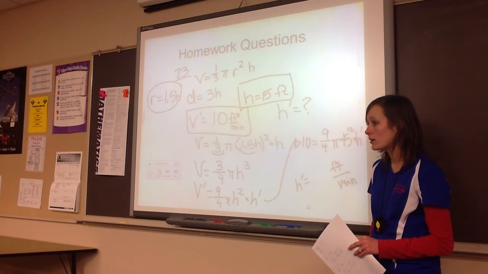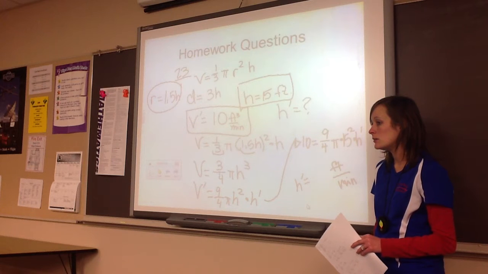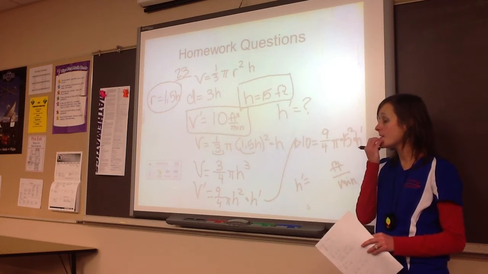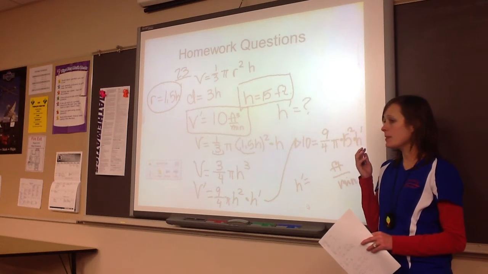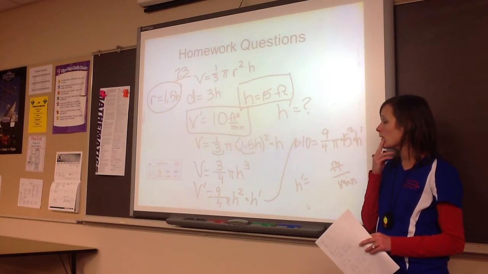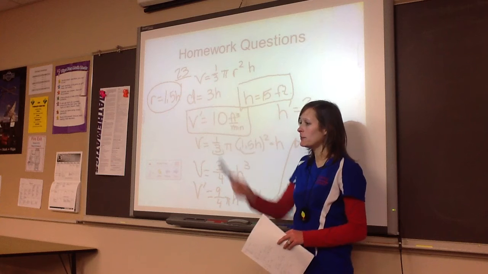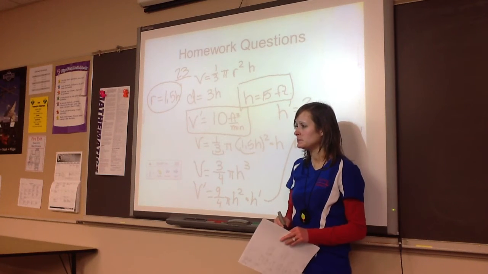I just found the derivative of that. And then I thought I had to use the product rule. You would. So I ended up with v prime equals pi over 3 r squared plus 2 pi over 3 r h times h prime. But did you have it times an r prime in there somewhere as well?